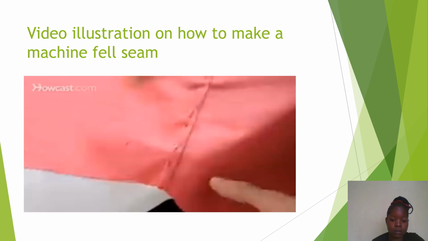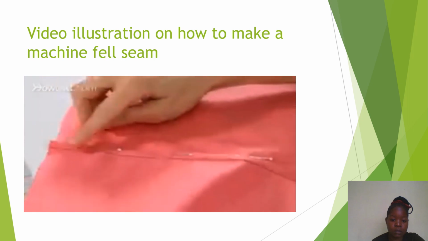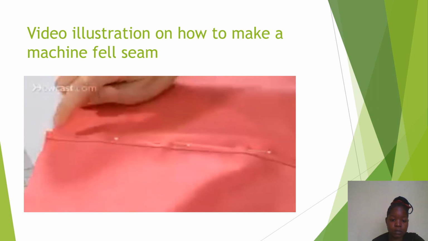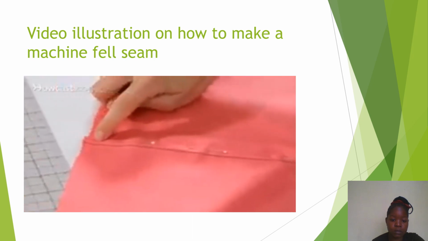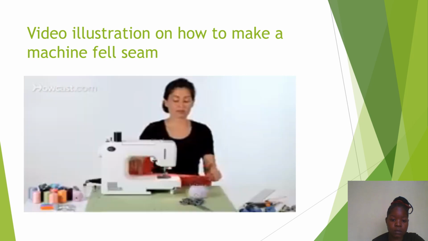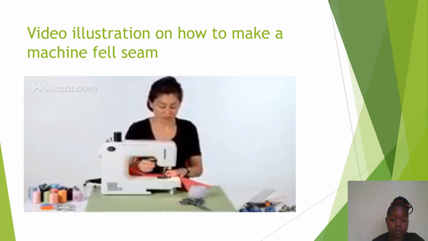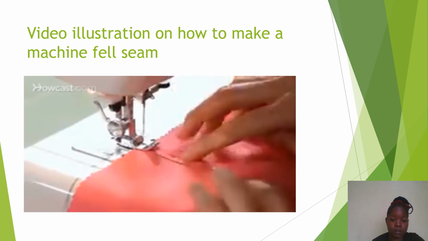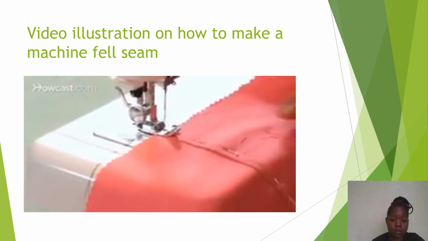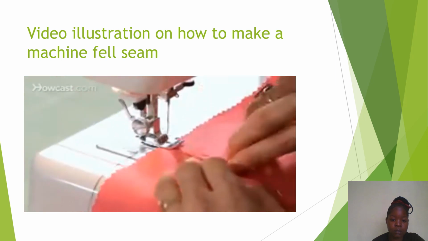So we have our seam in place, and then we're just going to go to the sewing machine and stitch close to this fold all the way down to secure our seam. So we'll go back to the sewing machine, and I'm going to lower the presser foot, and I'm just going to eyeball close to this edge.